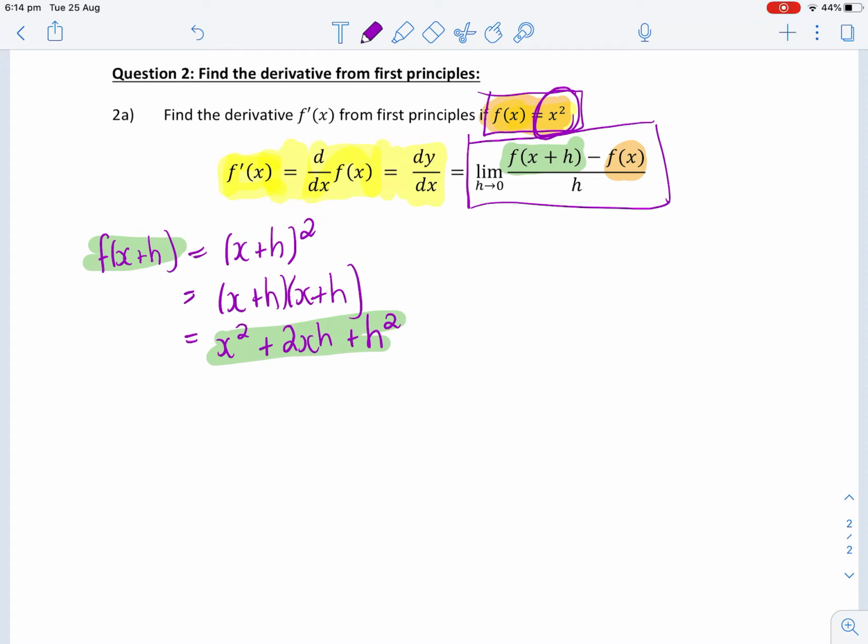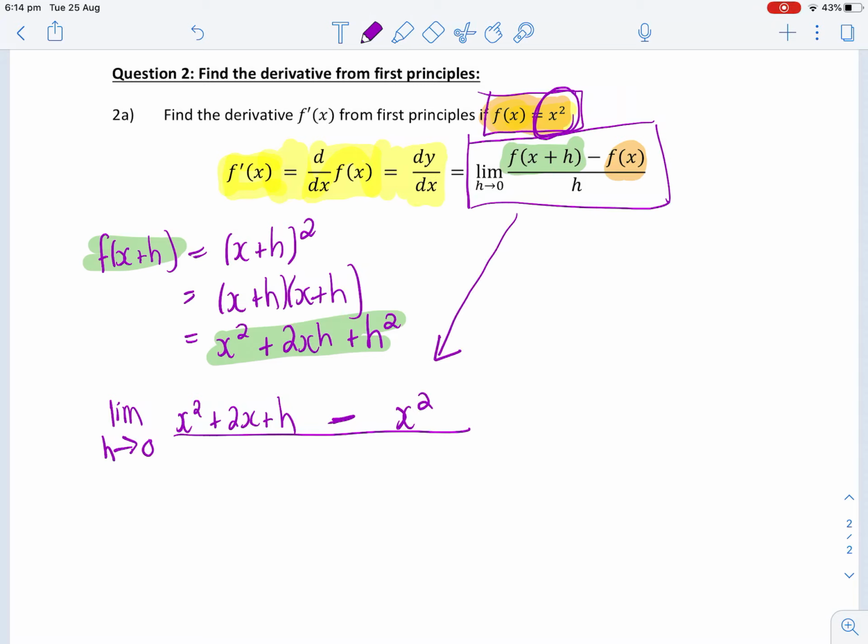And now I'm going to substitute all of that into the limit, h approaching 0. F of x plus h is x squared plus 2xh and h squared, minus f of x is x squared.